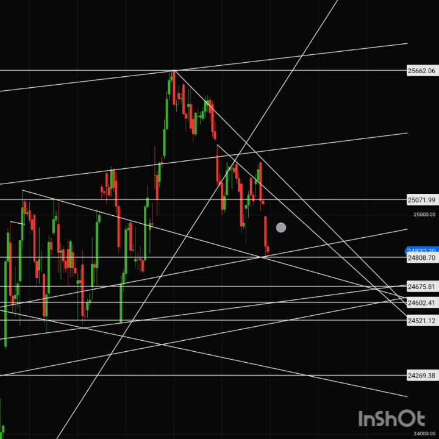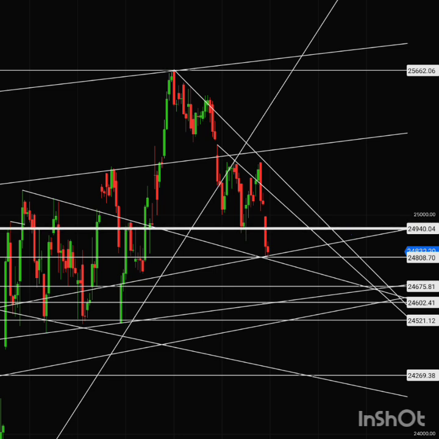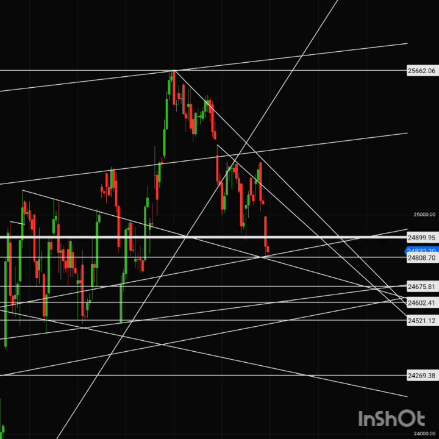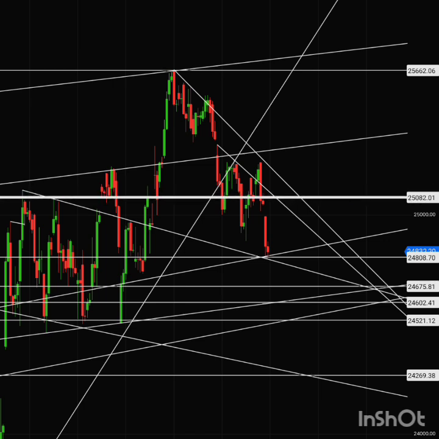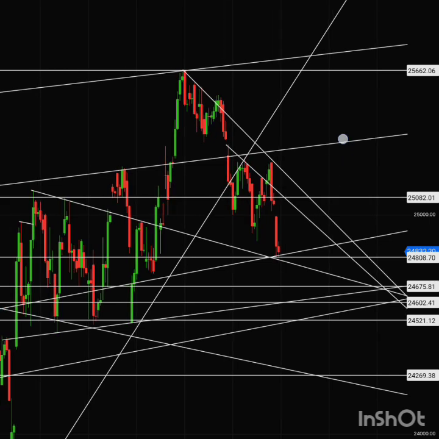If we have a bounce back from here, then we have a resistance in the 24,900 range, then this can move towards 25,000. It's not a big spike from here to get this target, but if any bounce, then 24,900, then move downwards. So the maximum upside we can expect is the 25,100 range. If this one breaks, then we will have an upside move.